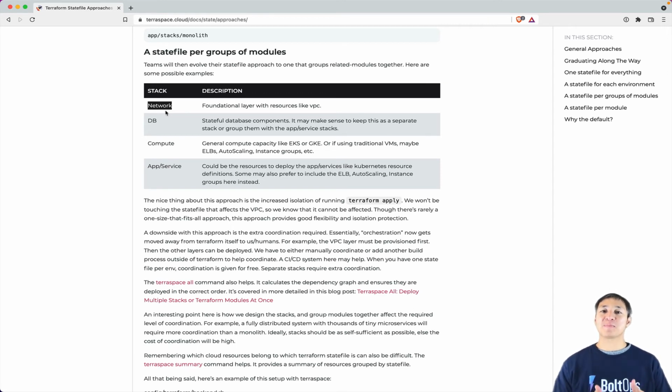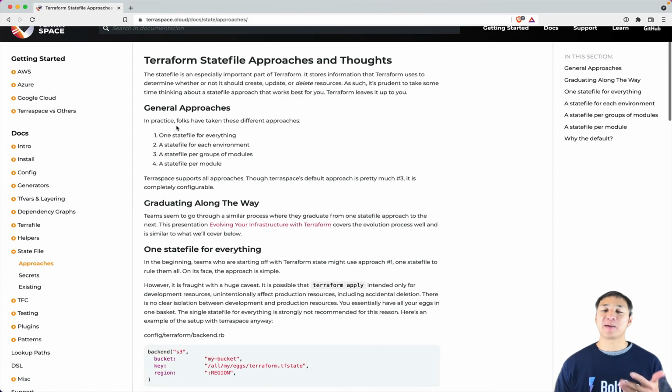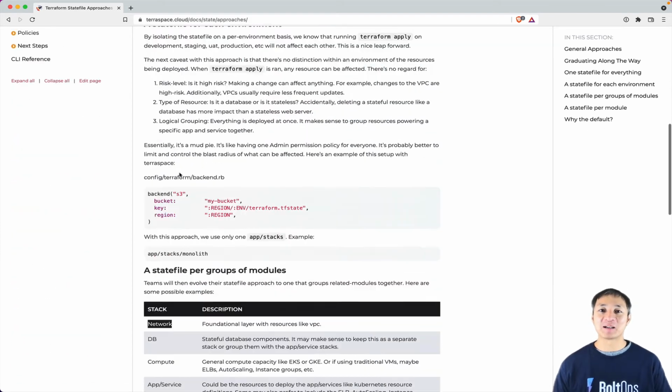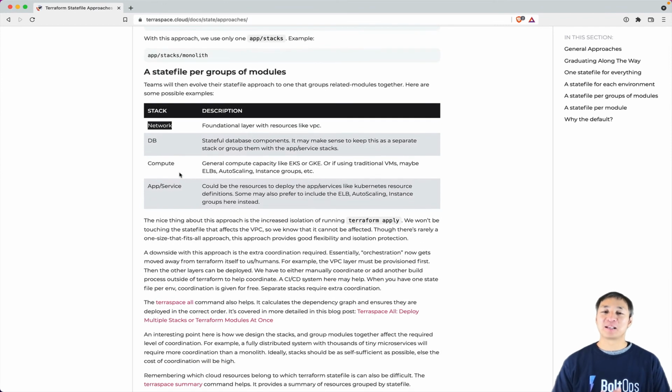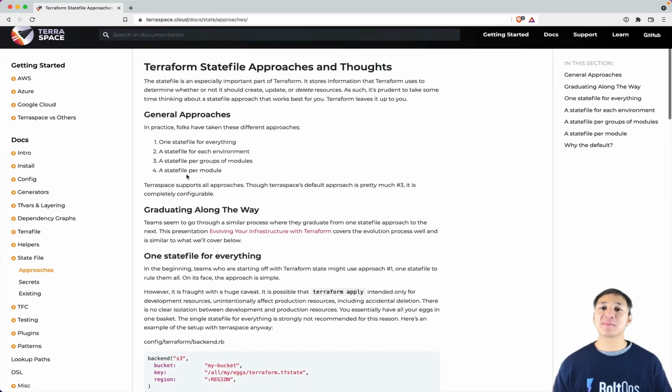This is the approach that people eventually evolve their Terraform state file approach to, usually after some pain and suffering from going through 1 and 2, and then they go, oh, I should have done 3. This is actually the default setting that Terraspace uses, because I have gone through this pain myself already.